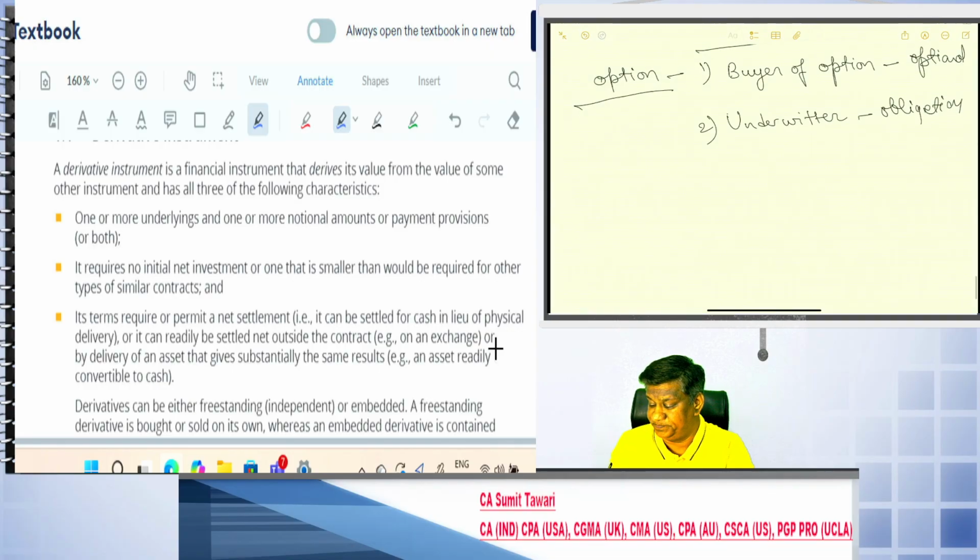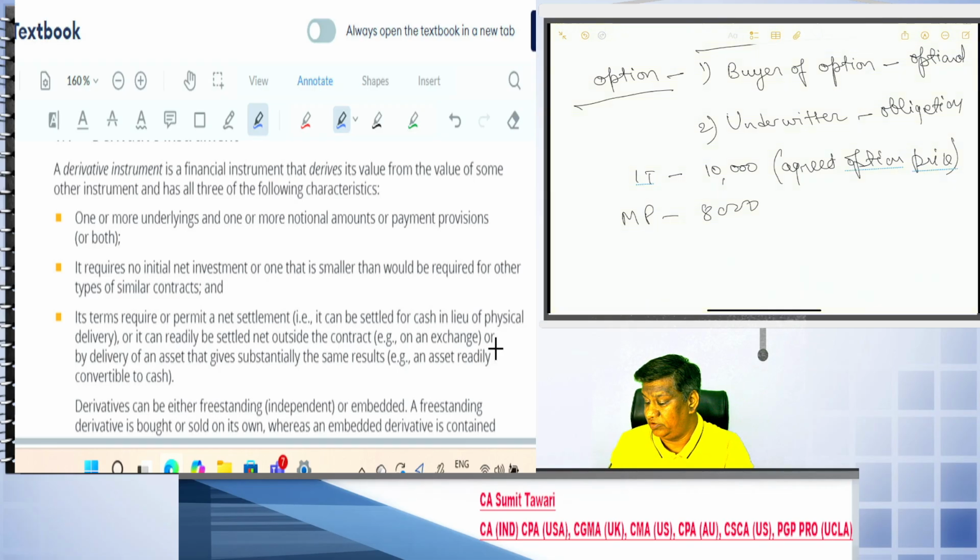Say the agreed option price is 10,000 for 1 ton, and the market price on that date is 8,000.